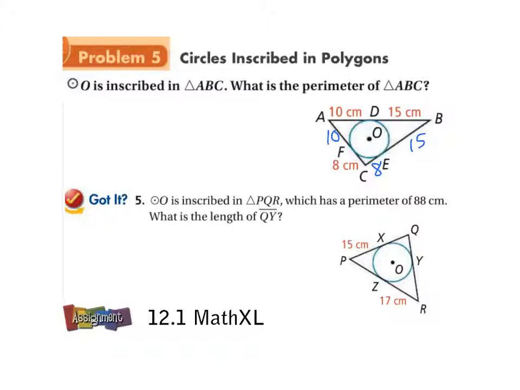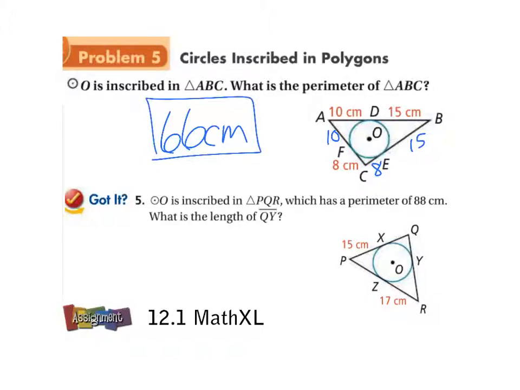I'm going to have a 10 and another 10, so there's 20, plus a 15 and another 15, so I'm going to add 30, plus an 8 and another 8, plus 16, and I'm left at 66 centimeters for the perimeter.